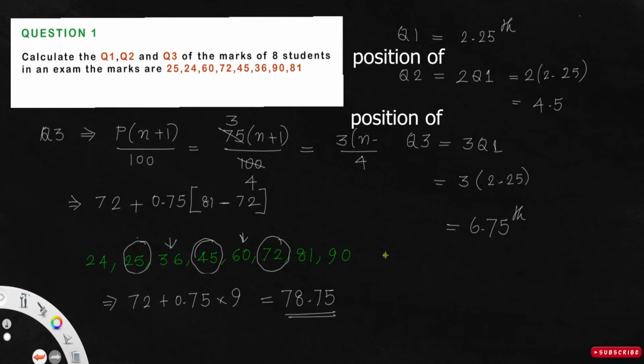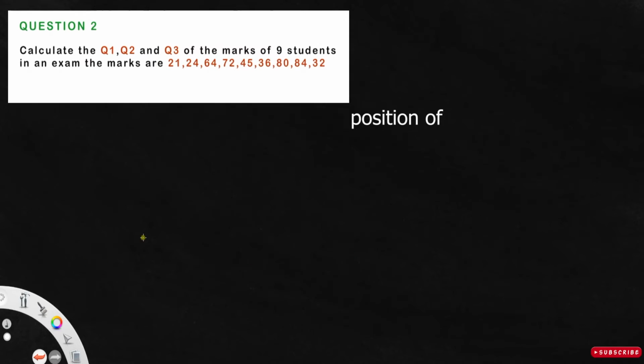Now we can look into our next example. Now look at the second example. Before, we had an even number of data, that is n equal to 8. Now we have n equal to 9. Whatever the number of data, you can use the same formula, because we are using the method of interpolation.